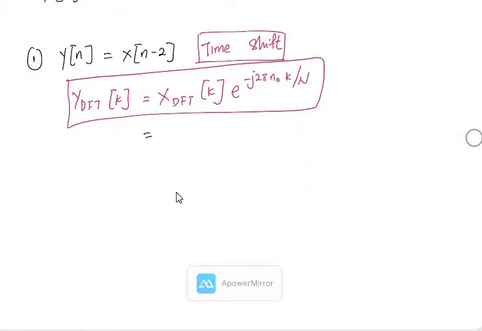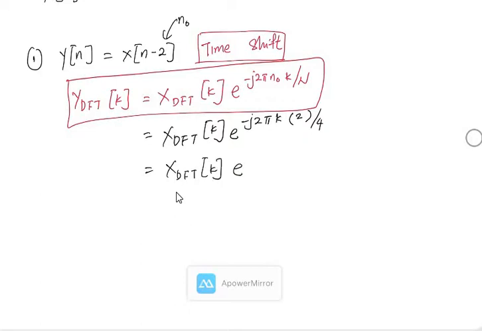So we have Y[k] equal to X[k] exponent minus j 2 pi k, n naught is 2, this is the n naught, over N, so it's 2 over 4. We can simplify to exponent minus j pi k.